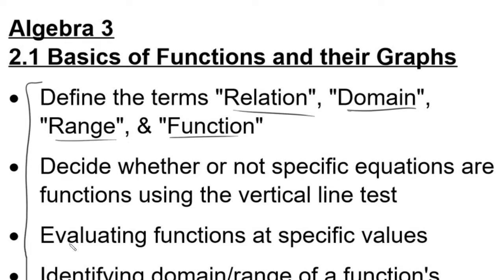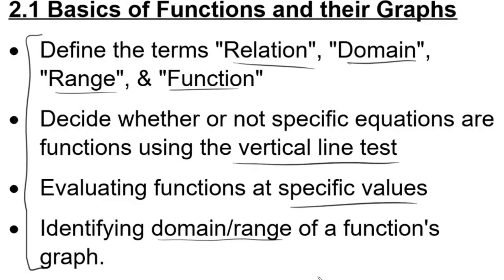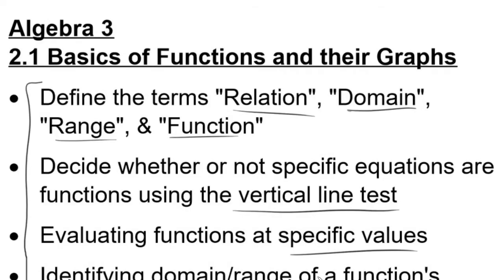But this is really just more review. If you feel comfortable with domain and range, and you can plug in specific values into functions, and you know what the vertical line test is, and you can identify domain and range given graphs and equations, then you should be good. And if not, then you can come back and look at the lesson when you've looked at the homework.